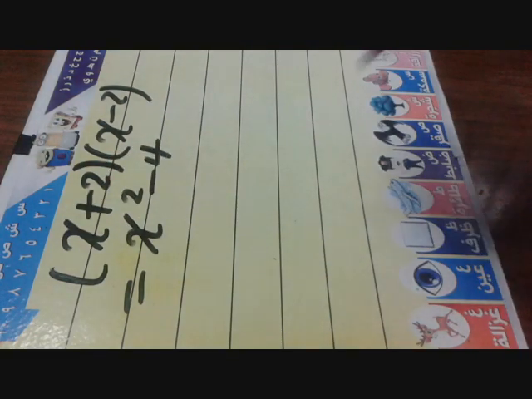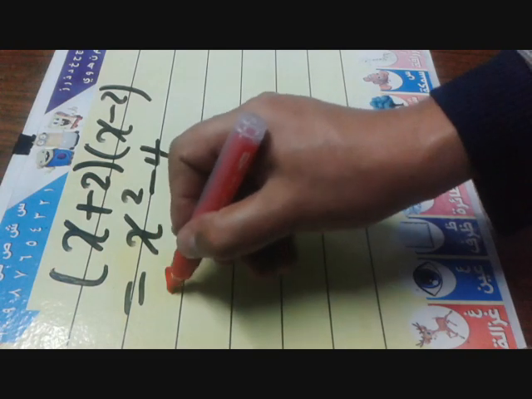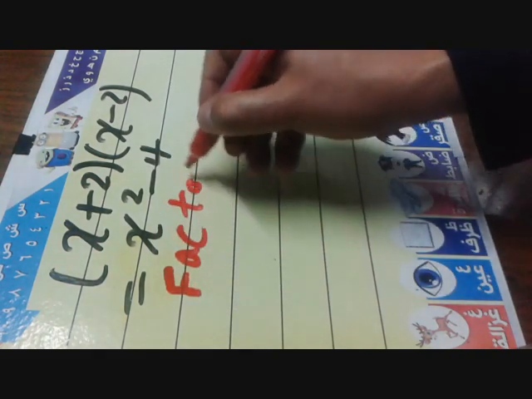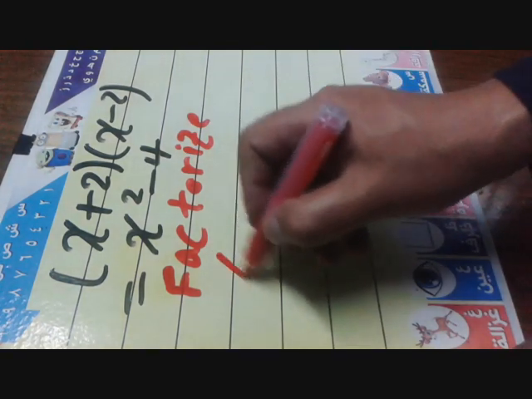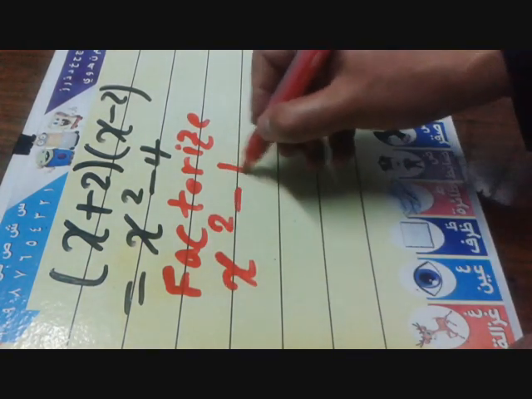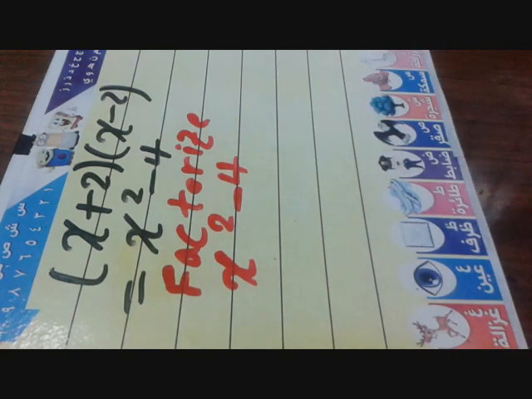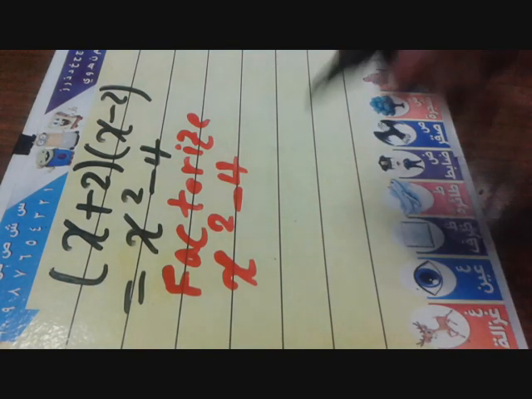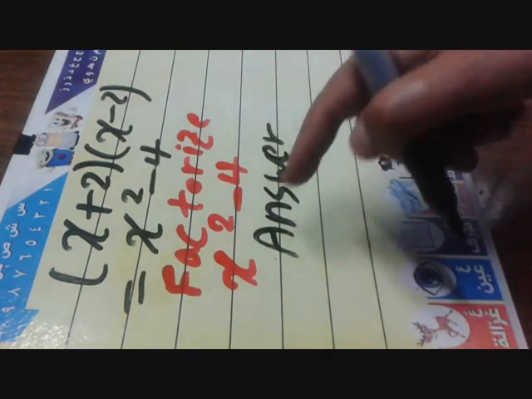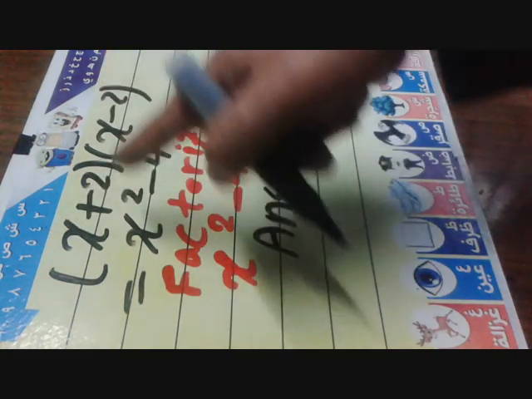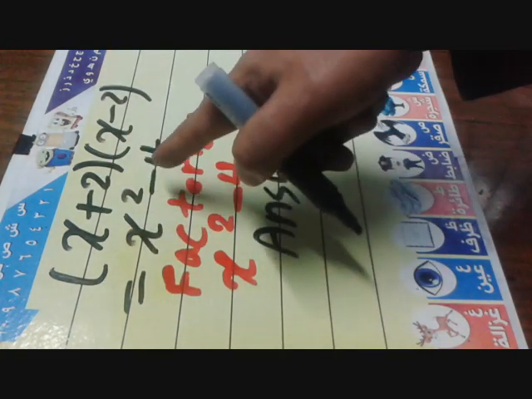Factorize x squared minus 4. The answer here, of course, according to this equals this, therefore this also equals this.